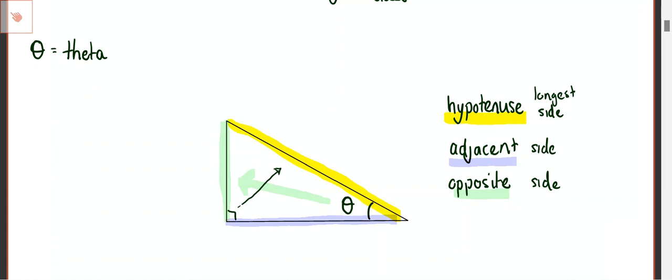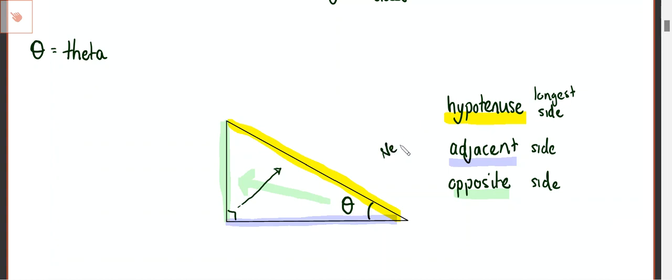Do you know what the word adjacent means? Opposite means across from. Adjacent actually means next to. A door can be ajar, not adjacent.